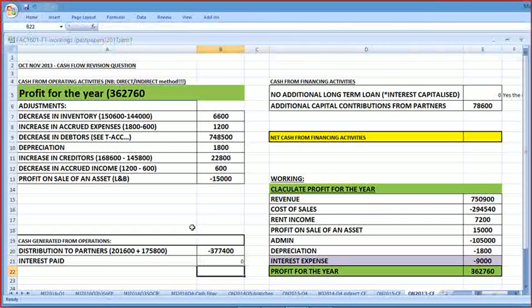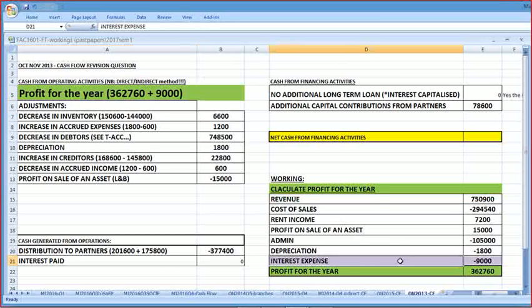Must I add back the accrual? Yes. So if I add back 9,000, do you agree I take out the 9,000? Because you're taking out the accrual to show how much you've paid. Have I paid any of it? No, I haven't.